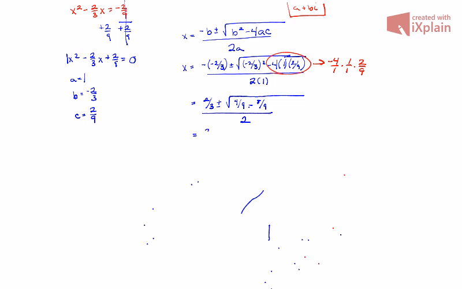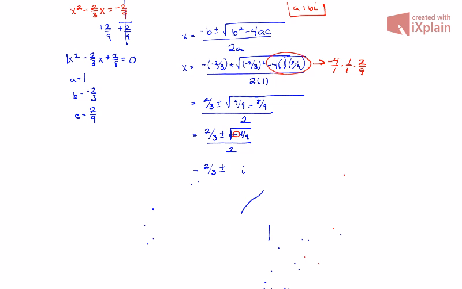So now let's go ahead and clean up our radicand, or our discriminant, or the value underneath the radical sign. And this gives me the square root of negative 4/9 all over 2. We can go ahead and evaluate that radical. So I know that because I have a negative in here, I will have an i in my solution.